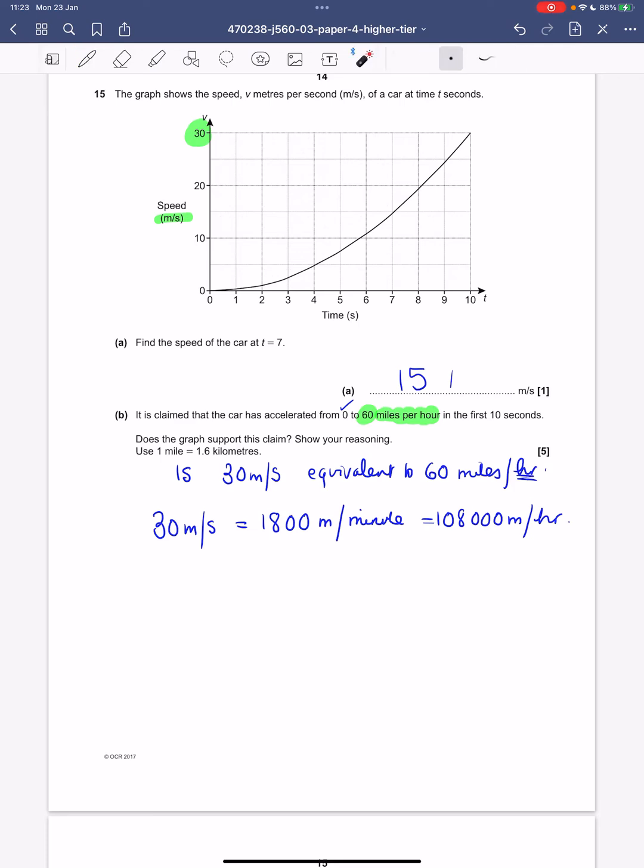Okay, and it says 1 mile is 1.6 kilometres. So this row we've sorted out the seconds into hours. This row we're going to turn the metres into miles. So 1,000 metres is a kilometre, so we divide this by 1,000. That's going to be 108 kilometres in an hour.